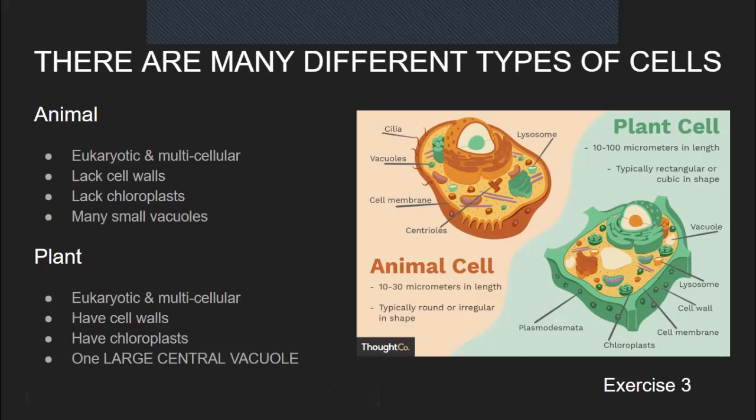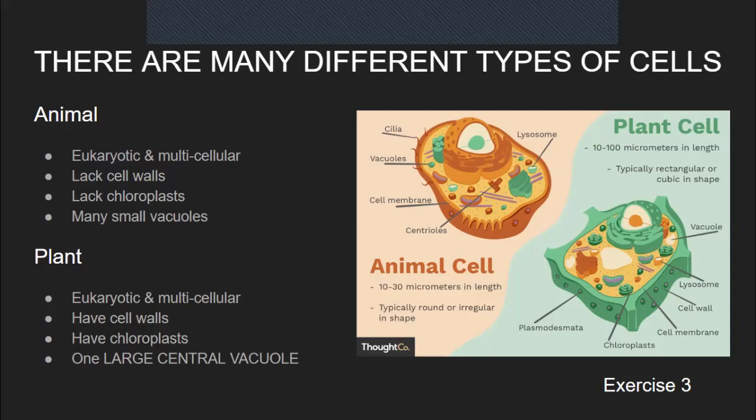The large central vacuole is unique to plant cells, but both cell types, animal cells and plant cells, will have other vacuoles. So there's a little vacuole here in this plant cell, and there's a vacuole here in this animal cell.